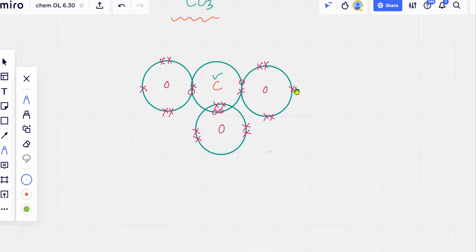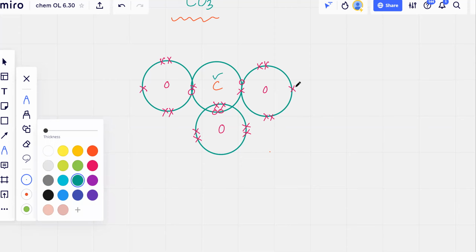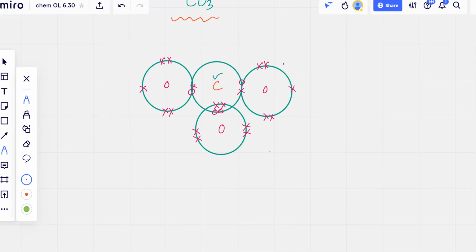So it has 7. It needs one more to have a full octet. And this one also needs 1 electron. So the problem is that even if they're trying to form a covalent bond, they're still not able to complete the outer shells.